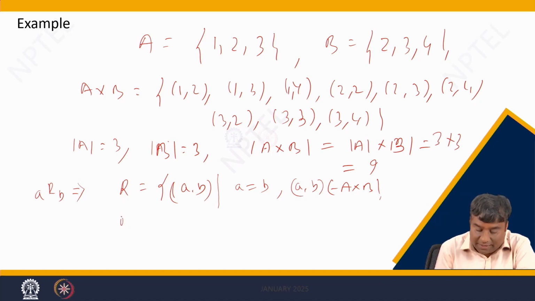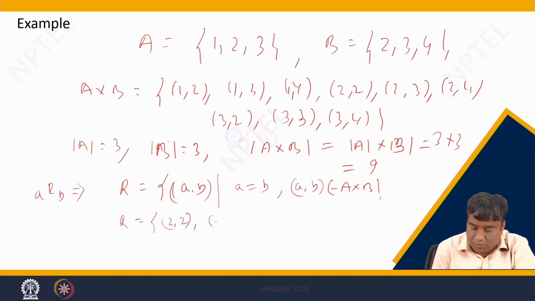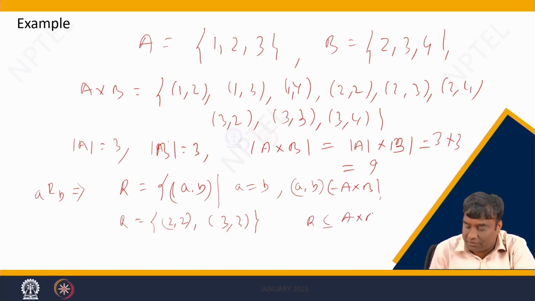So here we will get R equal to the elements where a and b are equal. So it is (2,2) and (3,3). So we have seen that relation R is a subset of A cross B.